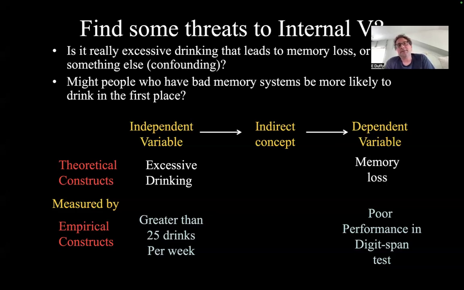So all of these things are examples of a common kind of threat to internal validity. And this is where you all need to think about this when you're reading studies published by other people, to make sure that there's a solid link between their independent and dependent variables.